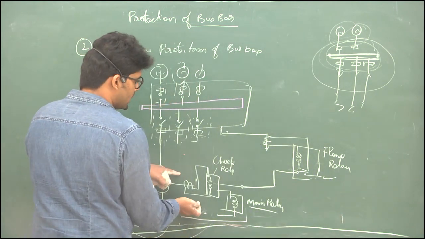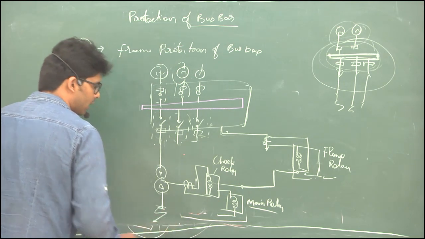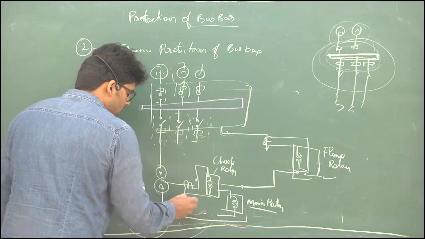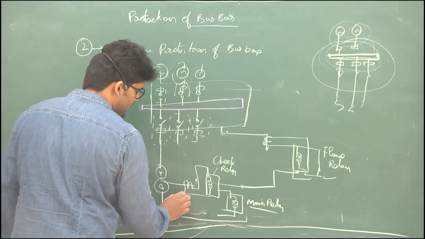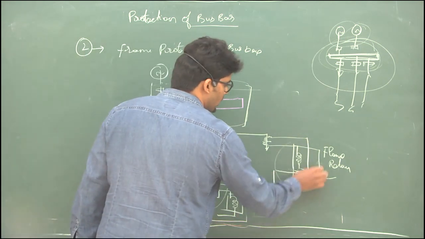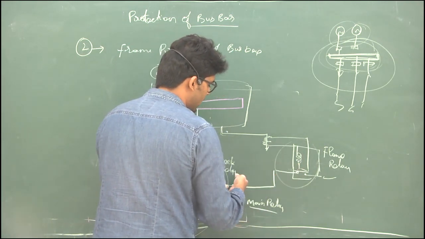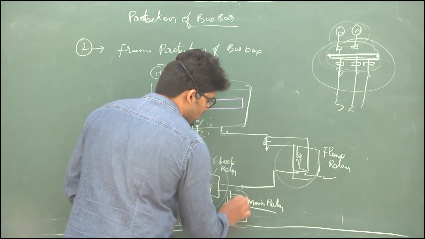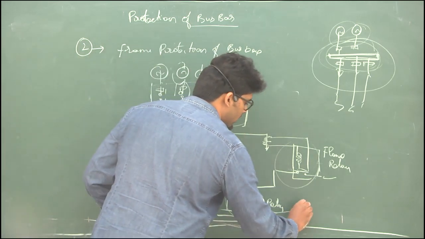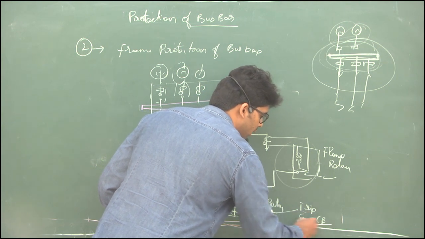But why do we need the check relay again? Suppose an external fault occurs here, this gives a circulating current, and only the check relay will operate, but the frame relay will not. Whenever the check relay and frame relay operate simultaneously, then only the main relay, which protects this entire zone, will give the trip signal to the circuit breaker to operate.